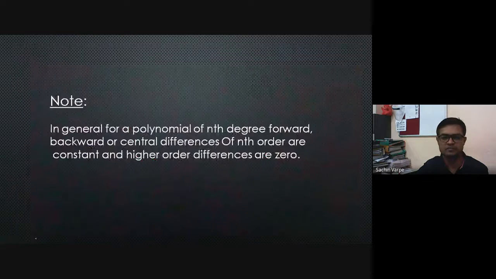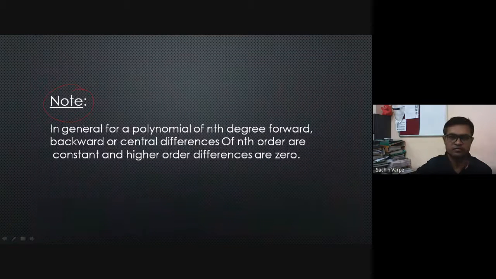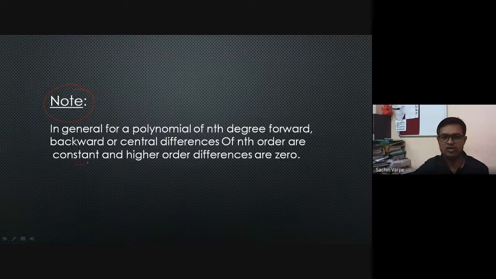Next, note, in general, for a polynomial of nth degree, forward, backward or central differences of nth order are constant and higher order differences are 0. Are you getting this? For a polynomial of degree n, suppose if we have a polynomial of degree 3, then what it means, delta cube of y will be non-zero, or it may be 0 also.